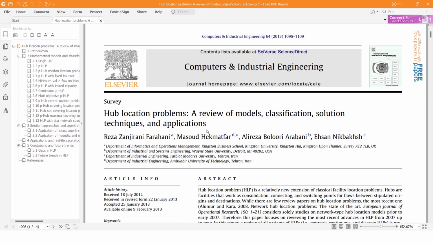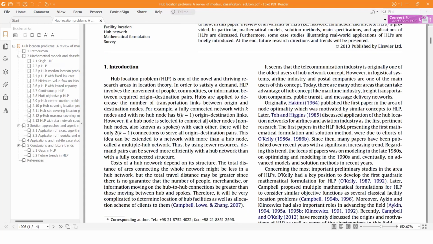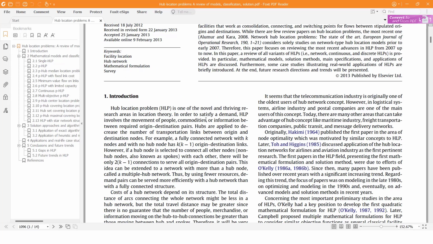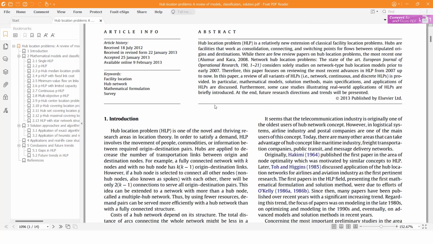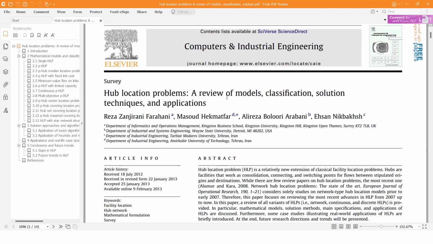I suggest you read it to better understand all aspects of this problem. It's a great idea to read these articles. There are many different kinds of papers in many different journals, but I think this paper would be quite enough in this regard.